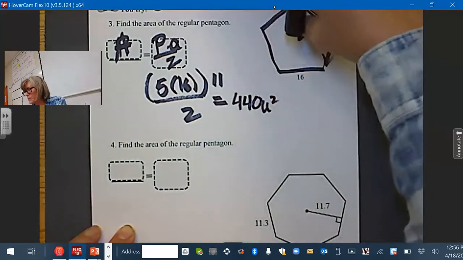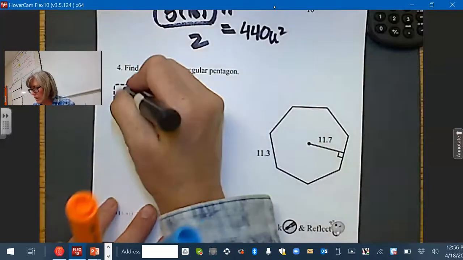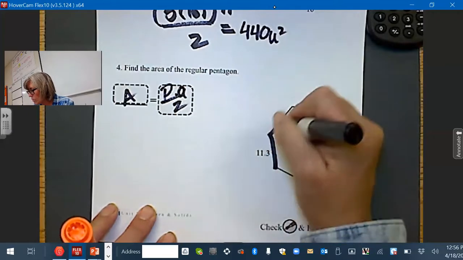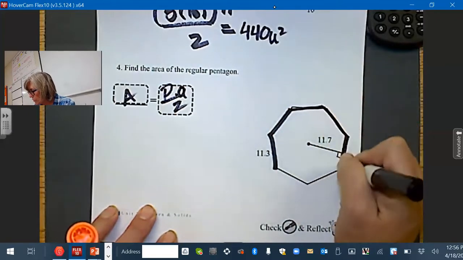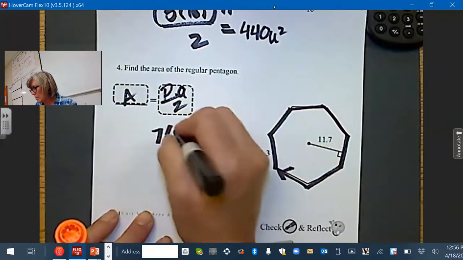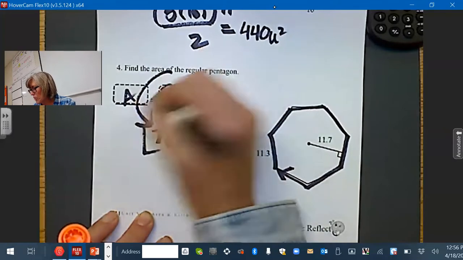This one. Area equals perimeter times apothem over 2. Walk it around. 1, 2, 3, 4, 5, 6, 7. 7 sides times 11.3. That is your perimeter.